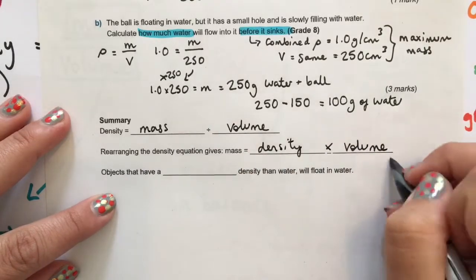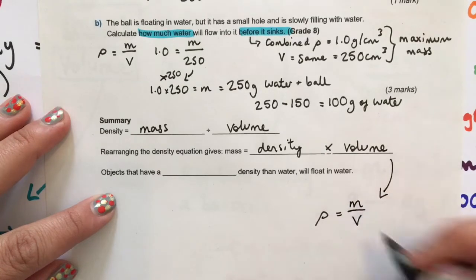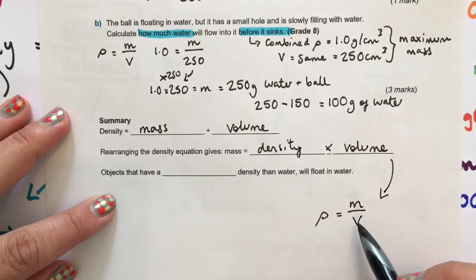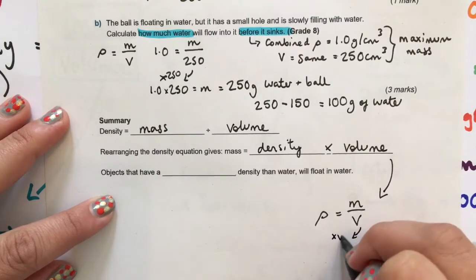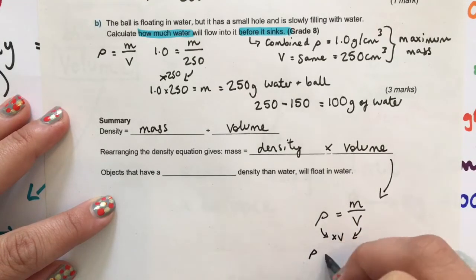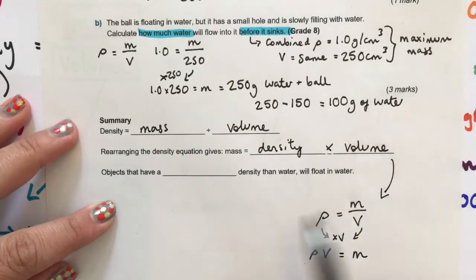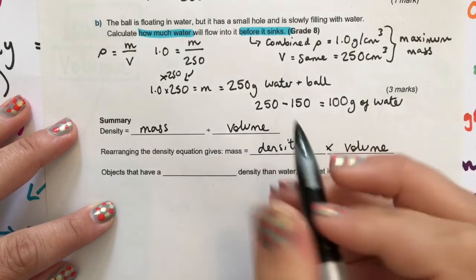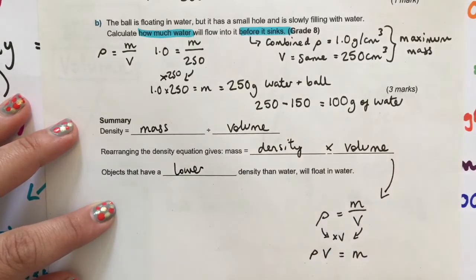Because if we did this algebraically, we could do density as mass over volume. If we didn't put any numbers in this, if I multiplied both sides by volume, then I would have density times volume is equal to mass. Objects that have a lower density than water will float in water.